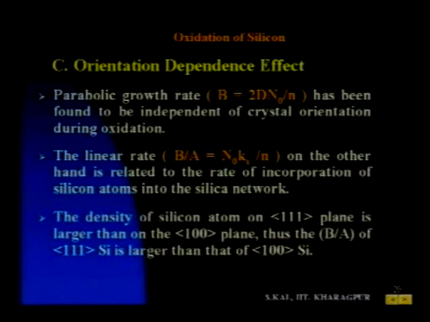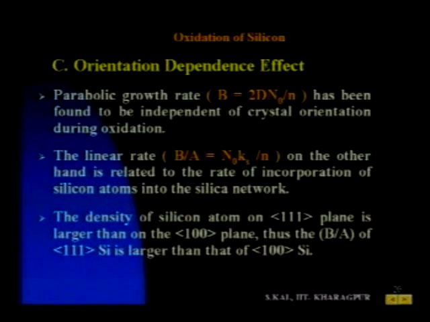The density of silicon atoms on the 1,1,1 plane is larger than on the 1,0,0 plane. Thus, B by A, which is the linear rate constant, of 111 silicon is larger than that of 100 silicon.